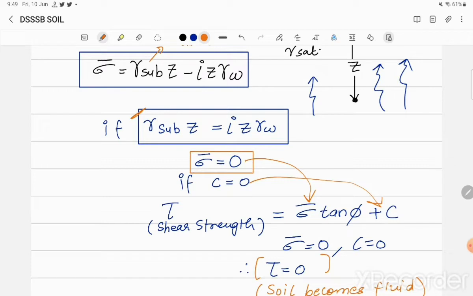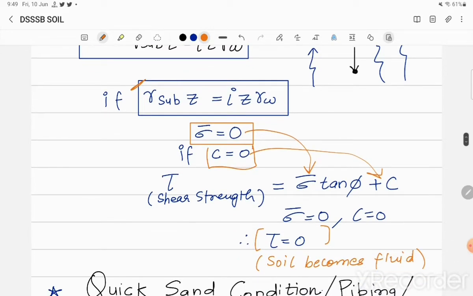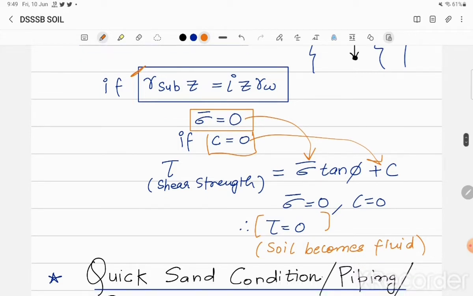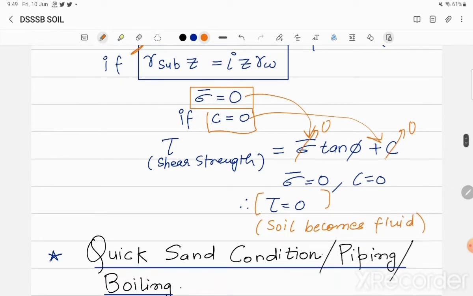And if it is a cohesionless soil, the term C becomes 0. From the formula of shear strength, which is generally derived from Mohr's circle, which we'll study later, this formula states sigma dash tan phi plus C. If in this formula C is 0 and sigma is 0, hence shear strength of the soil becomes 0.